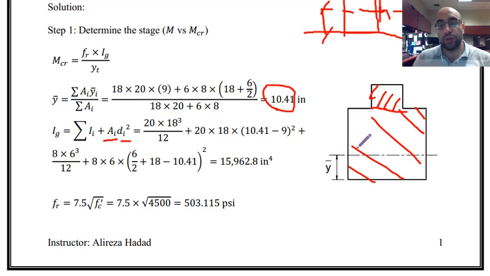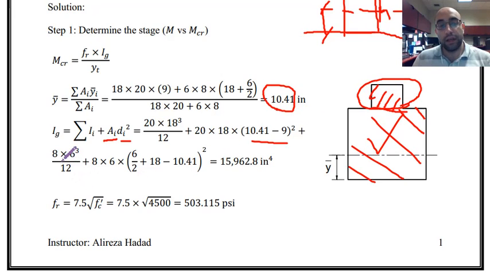So the centroid of the shape is located at 9 inches from the bottom, and the distance between these two will be just this number, and that should be squared based on the equation that we have over here. So that is done for this shape, and now I have to calculate for this top rectangle.